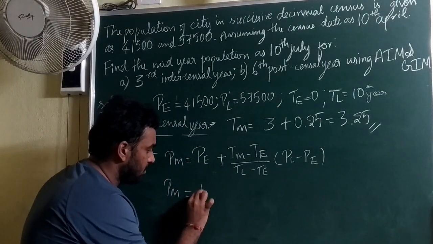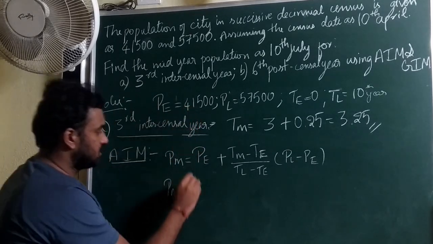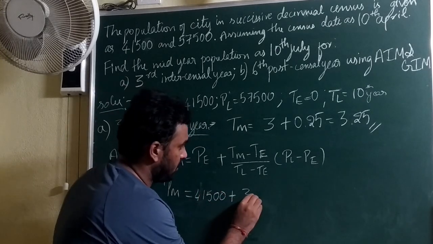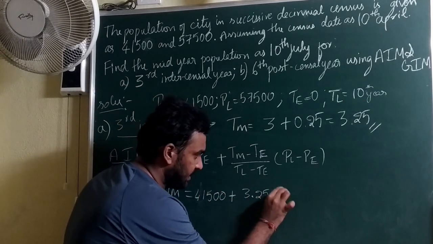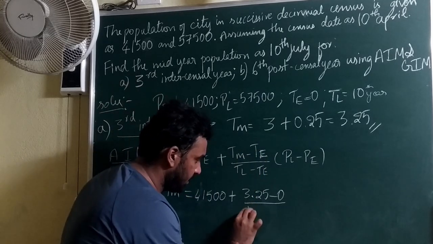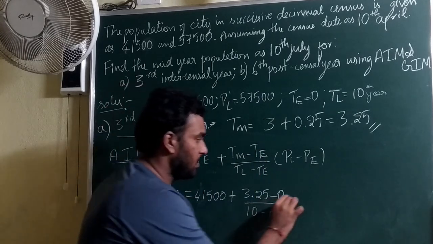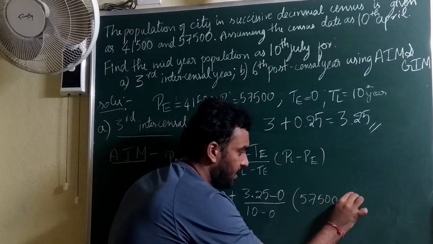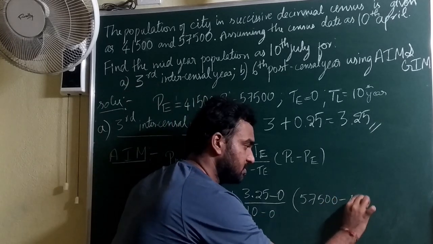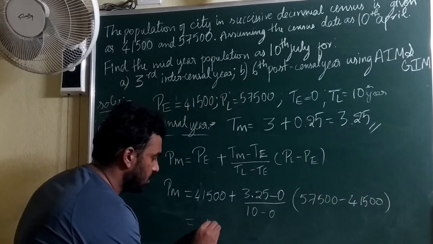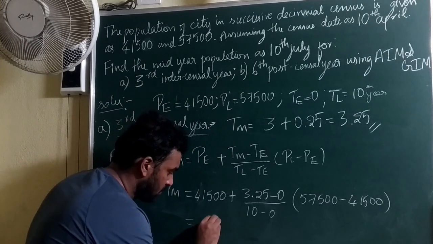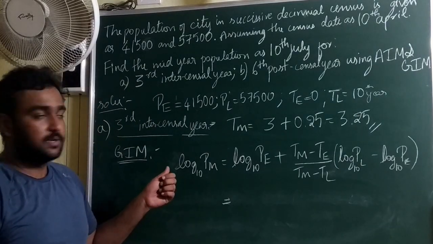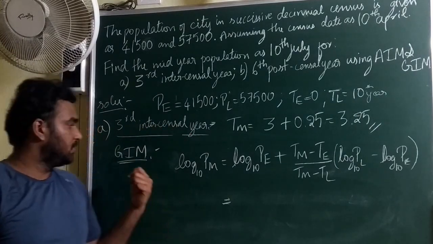PM equals PE, the earlier known census, that is 41,500, plus TM 3.25 minus TE, which is 0, over TL, which is 10, minus 0, times PL, 57,500, minus PE, 41,500. You will get 46,700.